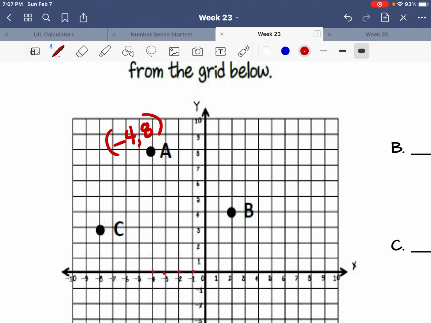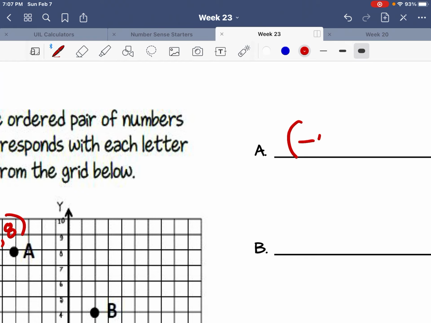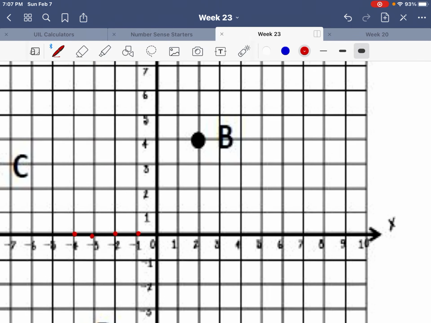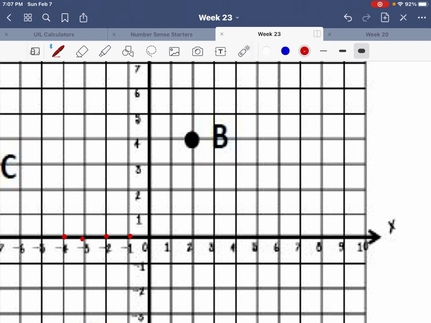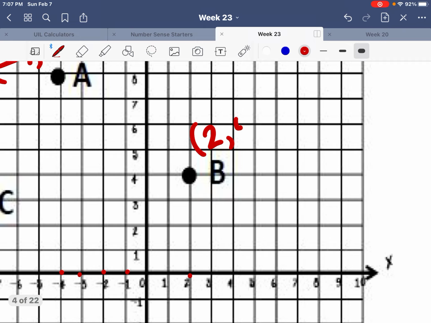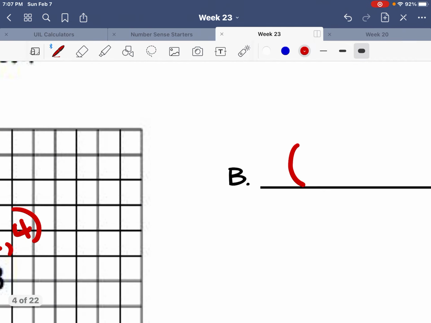So the coordinates of point A are, in parentheses, -4, x coordinate goes first, y coordinate goes second, 8. Okay. Point B is there at +2, and then it's all the way up at +4. So the coordinates of B are (+2, +4).